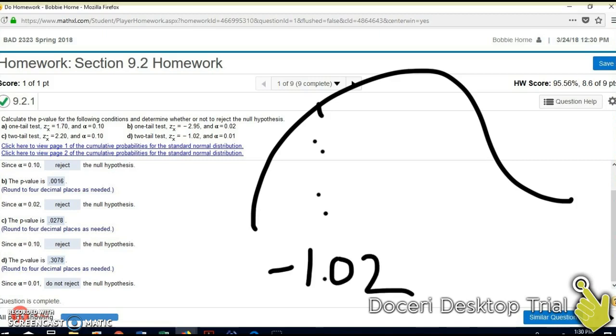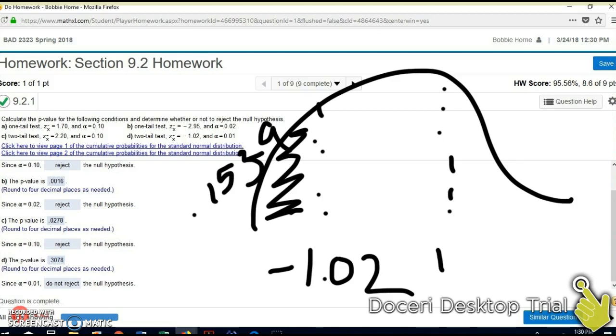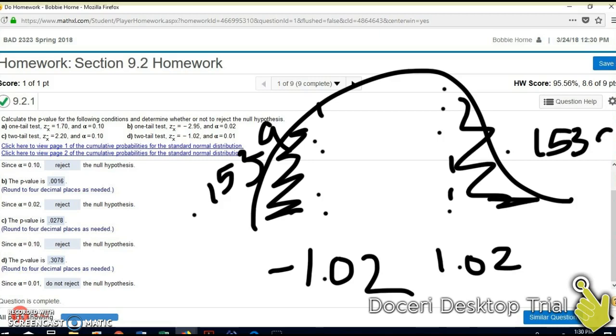We know that the value of negative 1.02 or less than that would be 0.1539, which means that it will be the same thing for positive 1.02. So if you do 0.1539 twice to add the tails together, you get 0.3078. Since 0.3078, the p-value, is greater than alpha here, we will not reject.